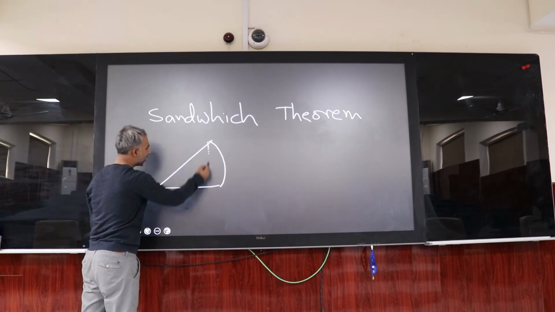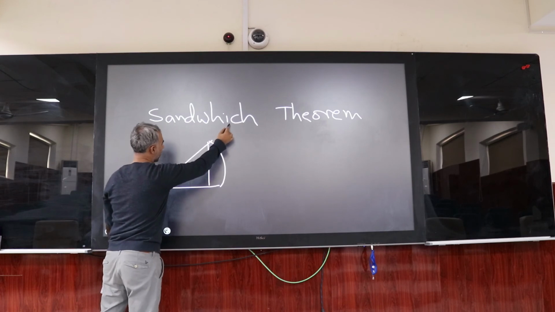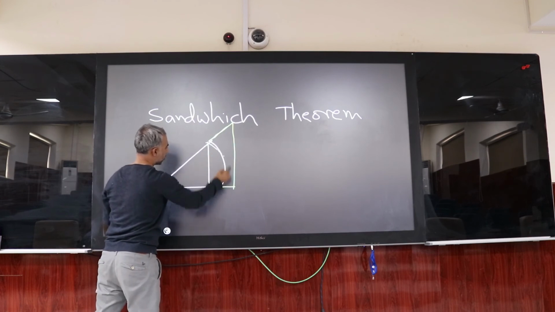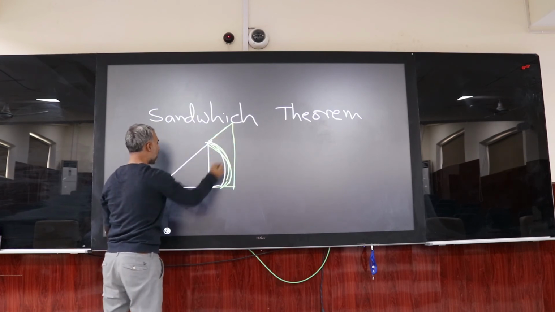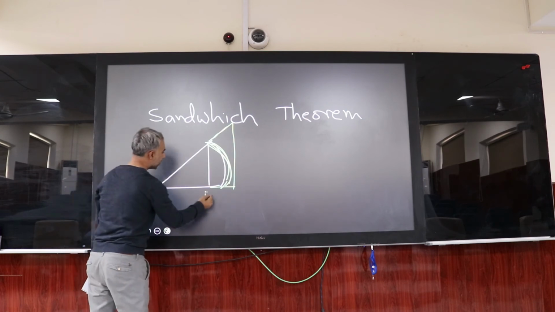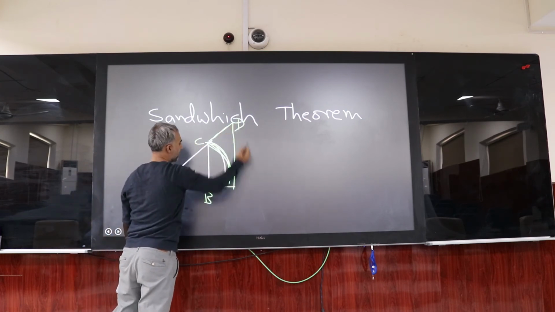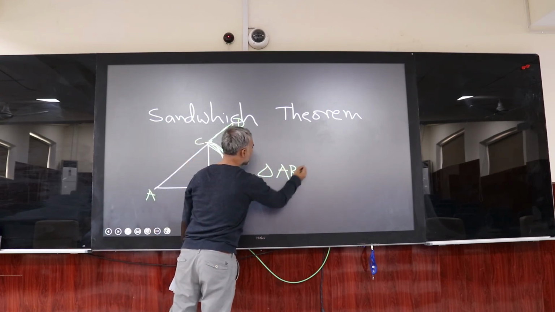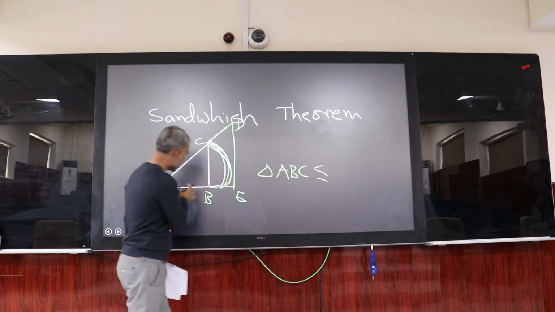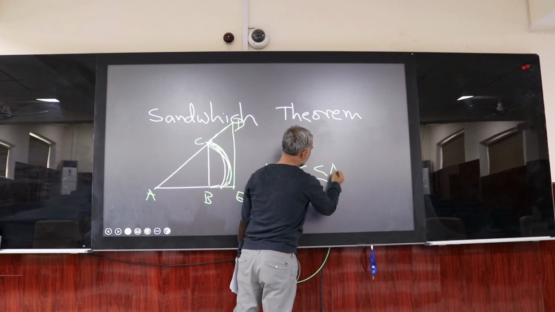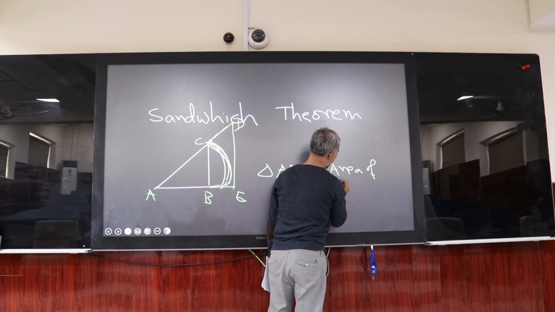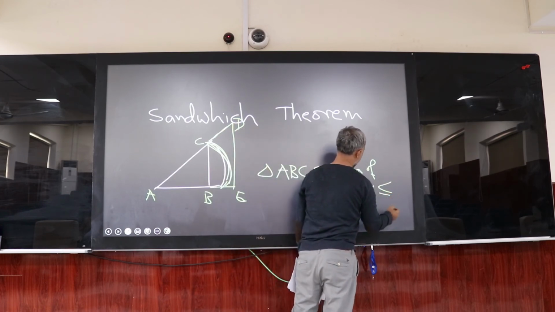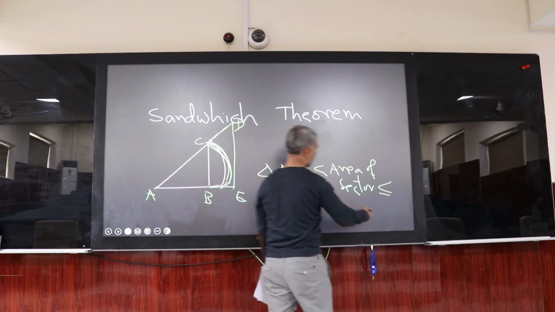They are considering one inner triangle, A, B, C, which is less than or can be equal to the area of a sector, and its outer triangle, of course greater than the area of a sector, is the triangle AED.